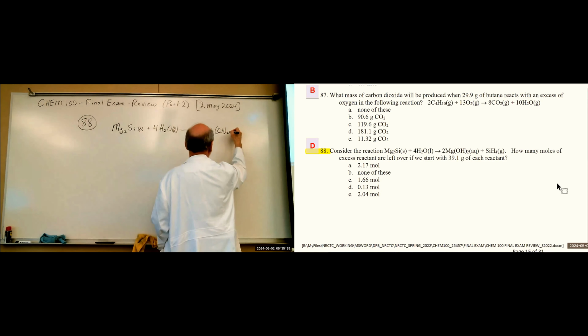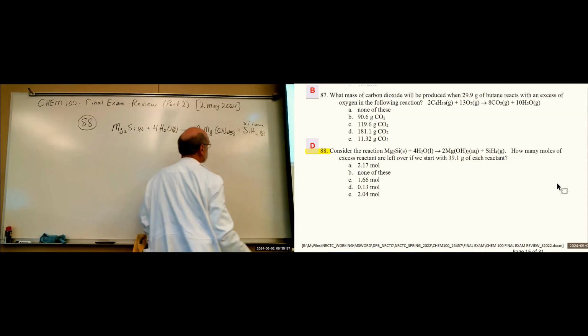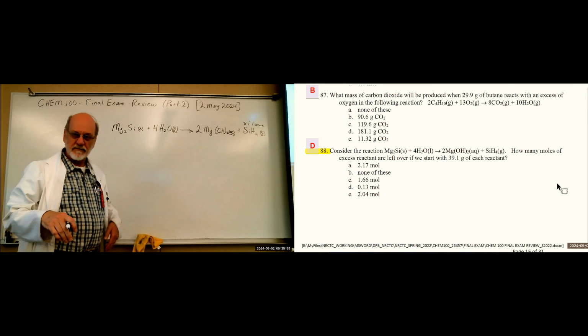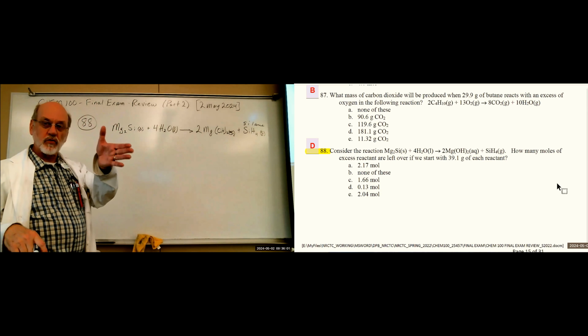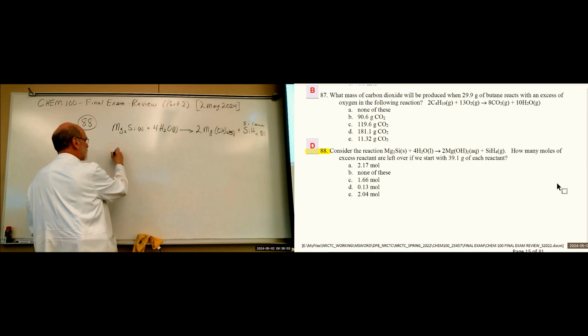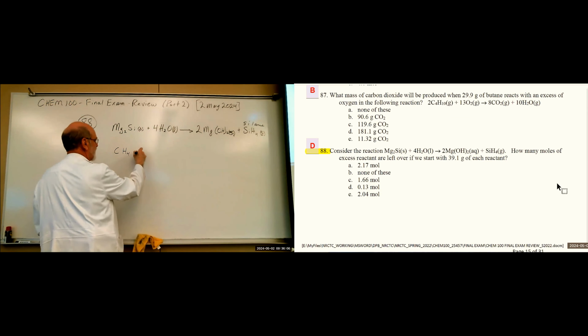The reason that one is called silane is because in the carbon group, carbon with 4 hydrogens is methane. And just below carbon is silicon.